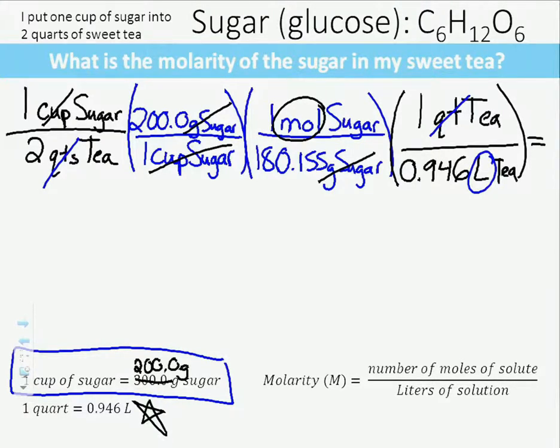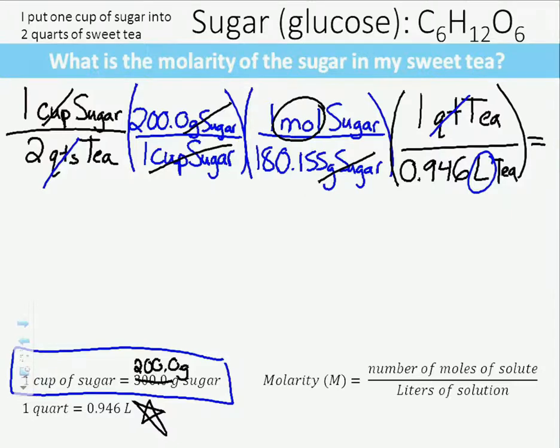Make sure we type this all into our calculator appropriately. Make sure you do, in fact, use parentheses or correct order of operations in order to solve. So we've got 200 divided by 2. Divide that by 180.155. Divide that by 0.946.